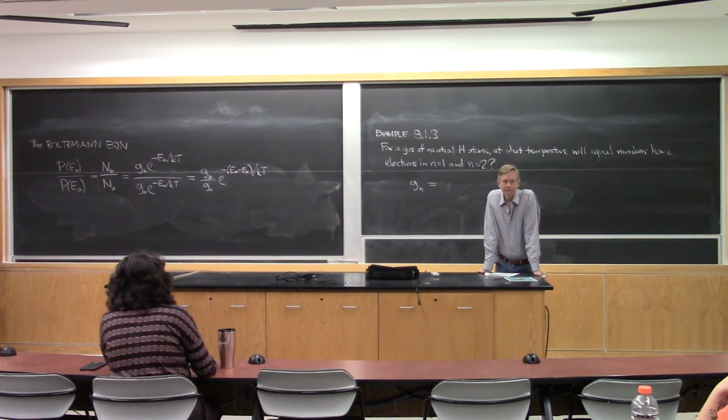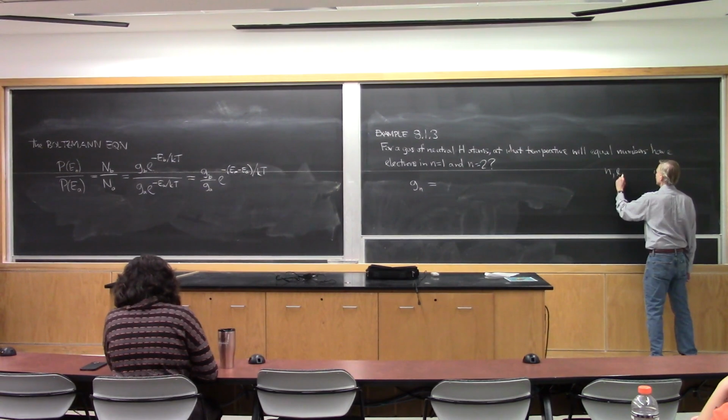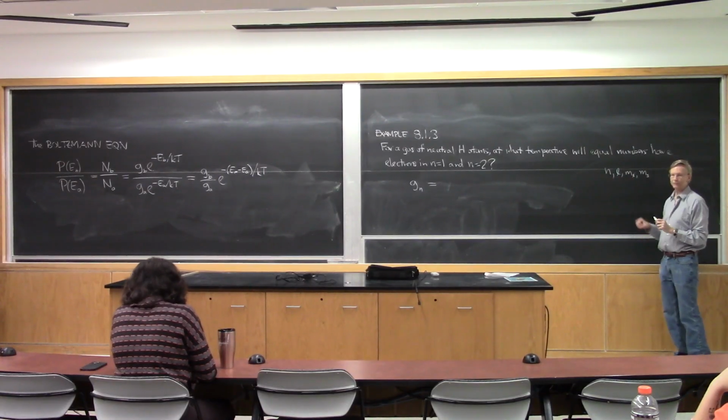Because L goes from what to what? So you're thinking of m sub s right there. So L, right? You've got n, l, m sub l, m sub s. So what are the values of n?